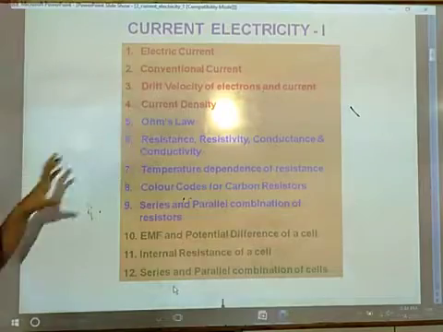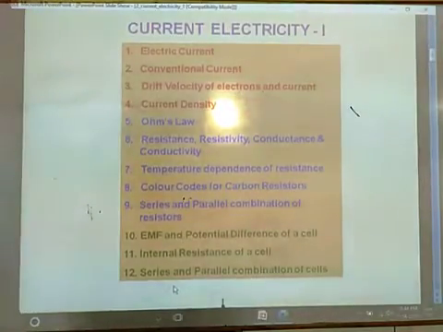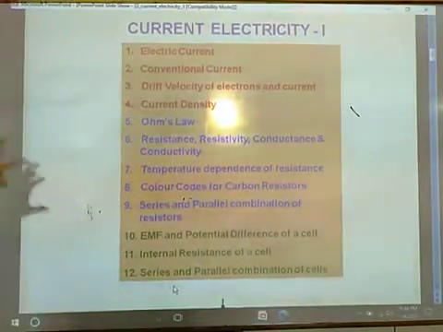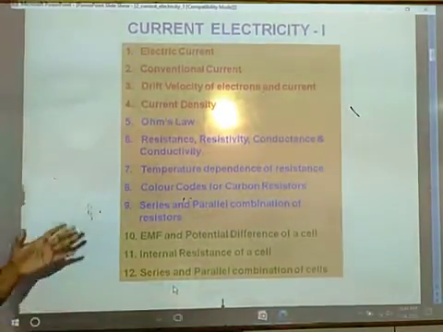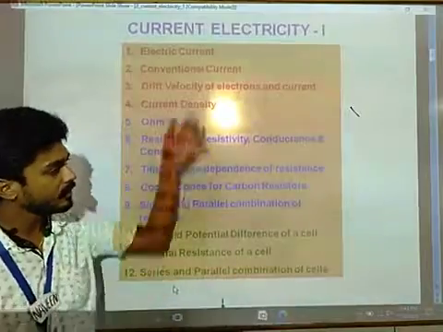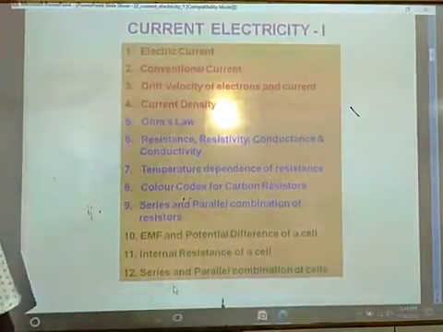These topics are, I think, familiar to you. We have already studied the basic concepts regarding these topics, but now we will discuss them in detail.